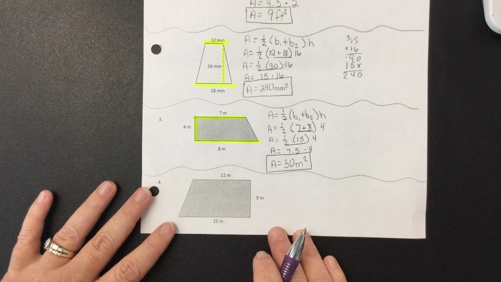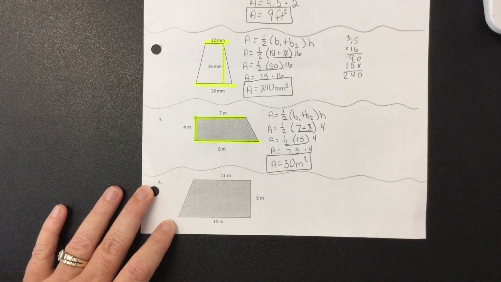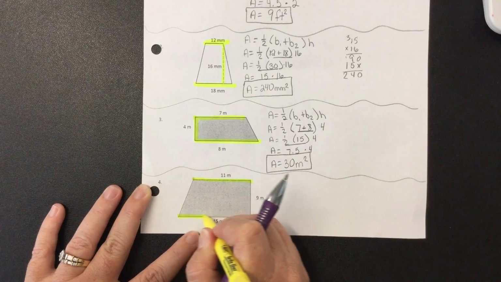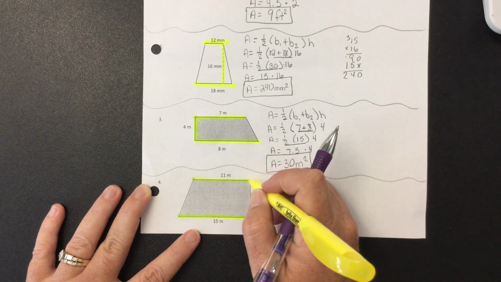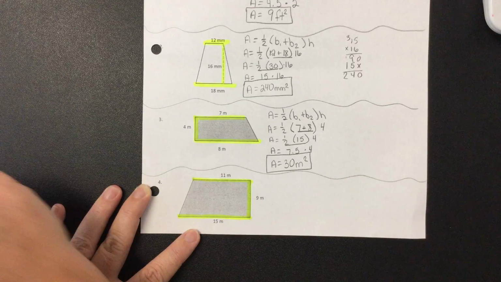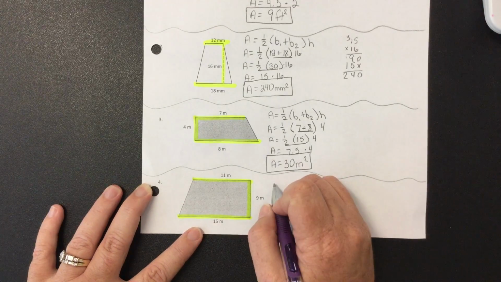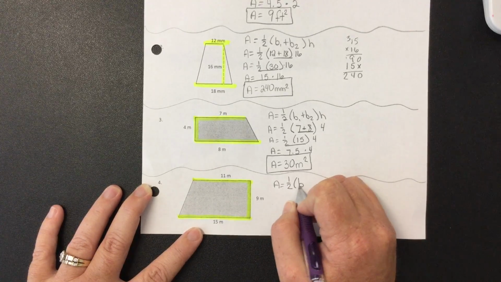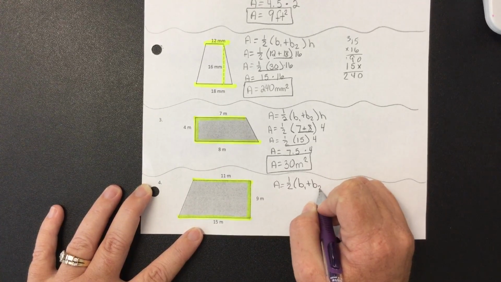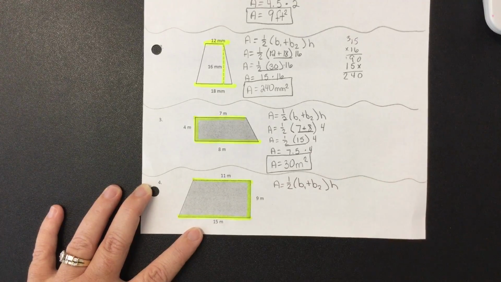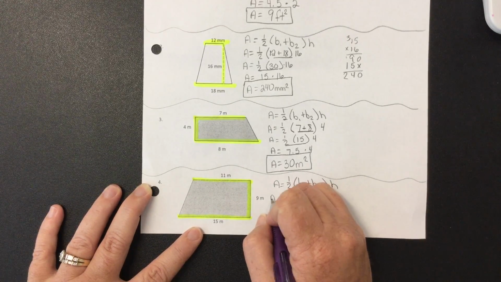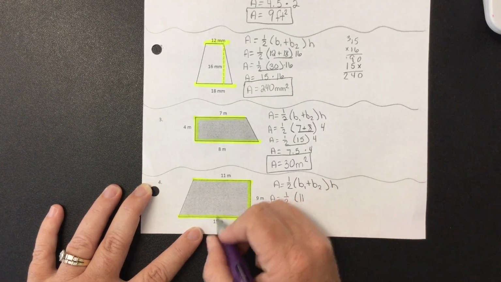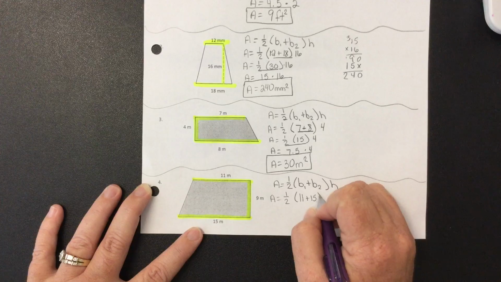All right. Last example that we will go over together as a group. Highlight my set of parallel lines and the line that connects them, which is my height. 1/2 B1 plus B2 times my height. Area equals 1/2. Base 1 is 11. Base 2 is 15.